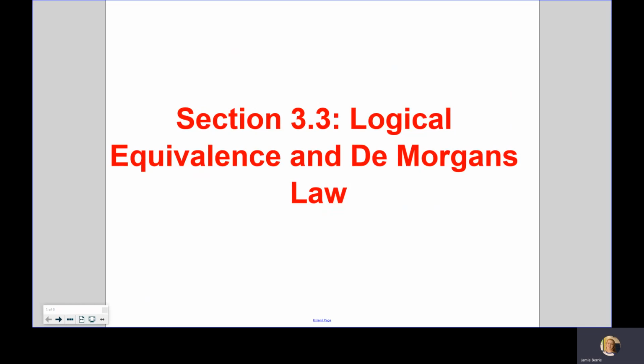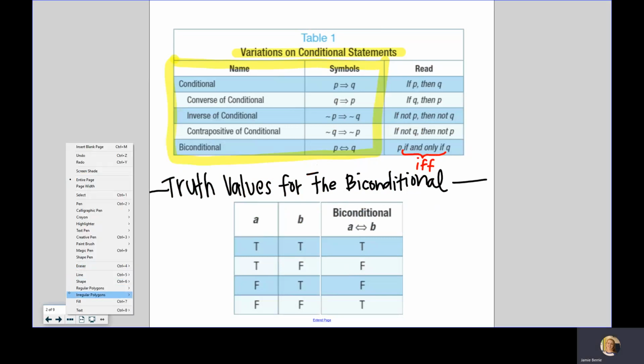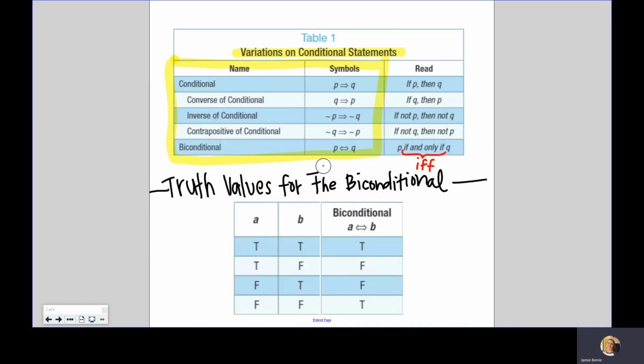Again, the most important thing for you to have written down for this section would be these variations on conditional statements. And in the chance that we have a truth table problem that involves a biconditional, you may want to have these truth values for the biconditional written down. That would help you fill out the truth table.